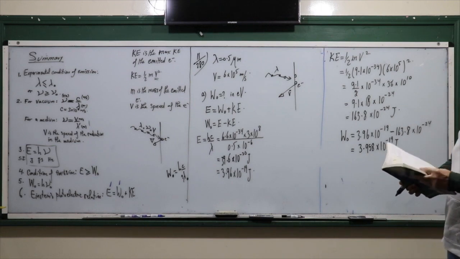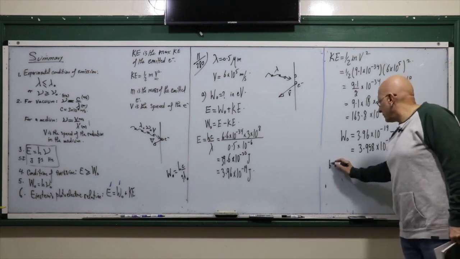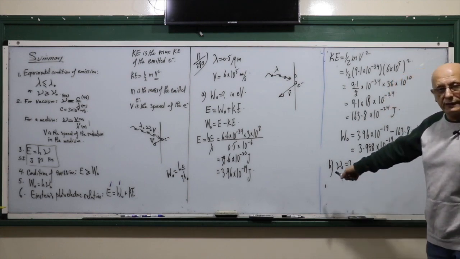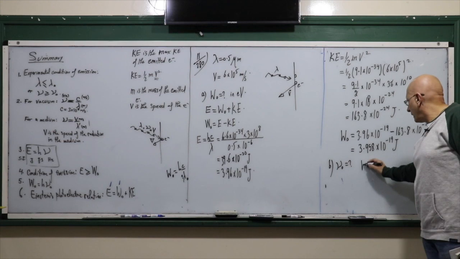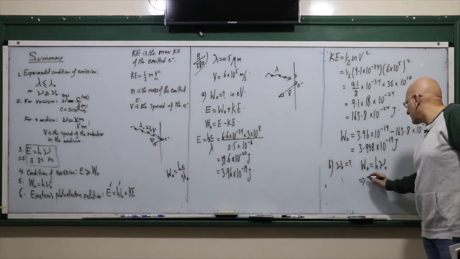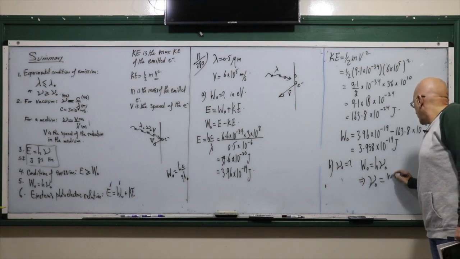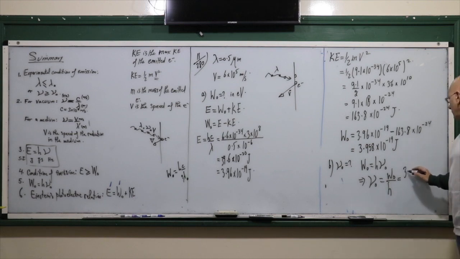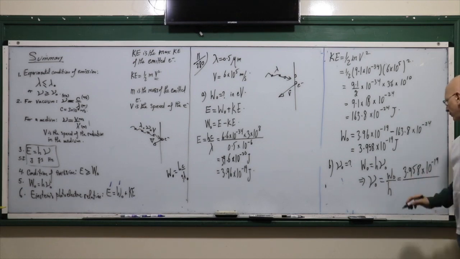The threshold frequency of this metal, this is very simple. He wants the threshold frequency, nu naught, and you know that W naught is equal to h nu naught. So this implies nu naught equals W naught over h, which equals 3.958 times 10 power minus 19 over 6.6 times 10 power minus 34.